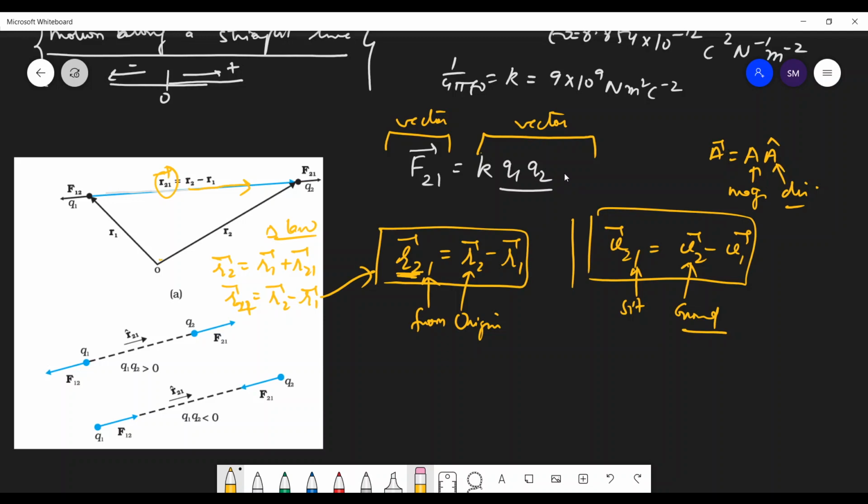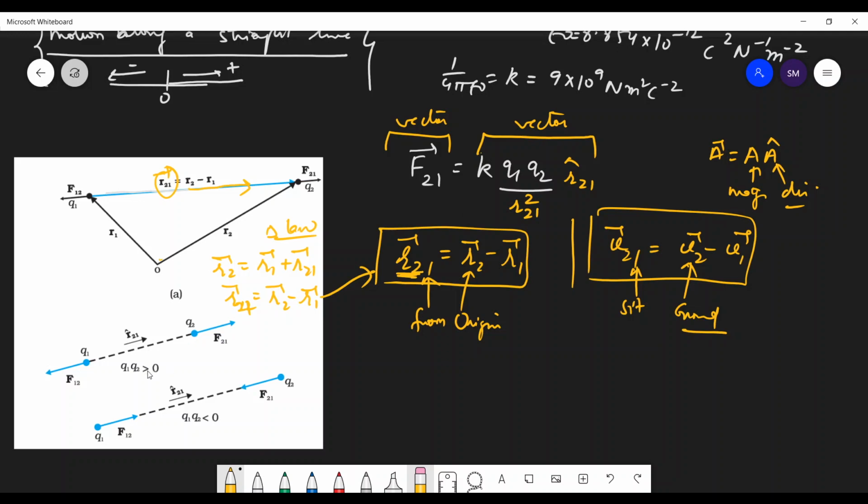So what is the unit vector that I would write? That will be unit vector R21, because this is the direction of R21. And here also I will write this distance as R21 in the same way, that's the magnitude, and its square. So that's how I write it in vector form.